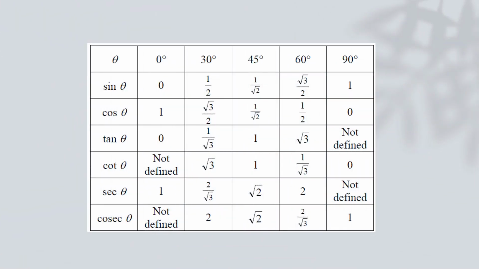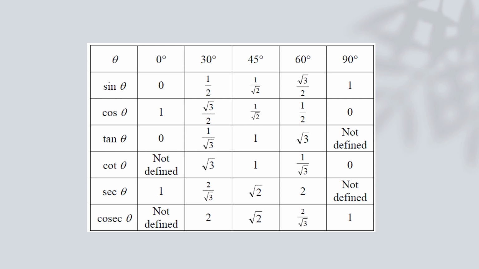We have also come up with these ratios in tabular form. So if you have sine theta at 30 degrees, then it will be 1 by 2. If theta is 0 degrees, then the value you will get is 0.